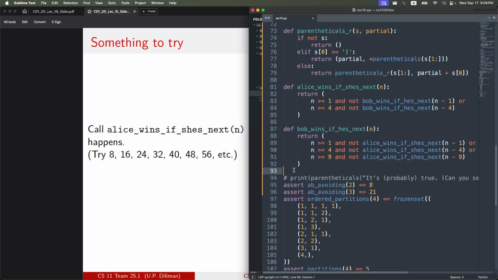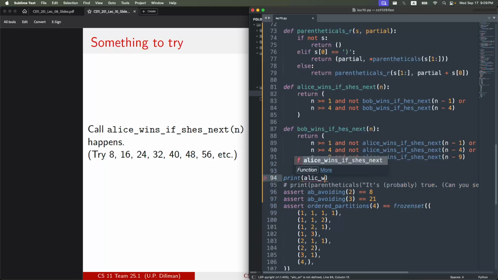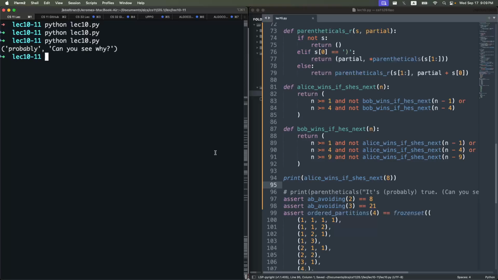Let's print. Let's check if Alice wins if there are 8 stones. Alright, Alice wins if there are 8 stones.